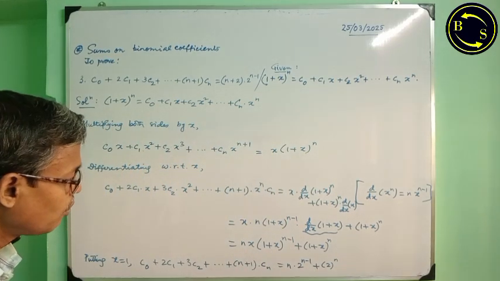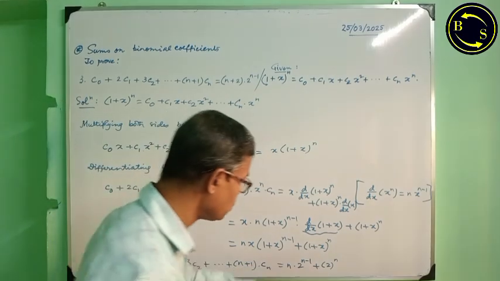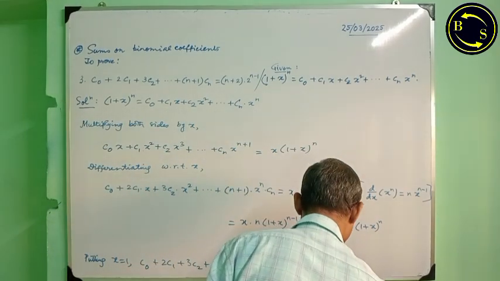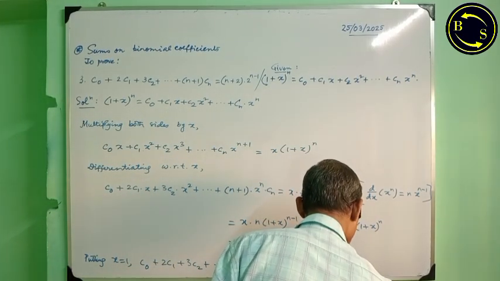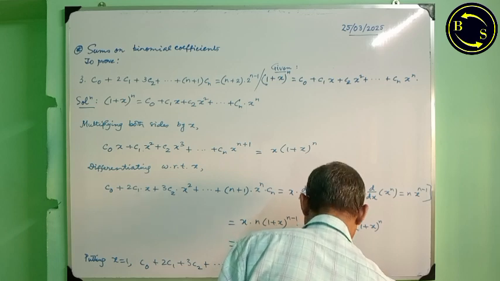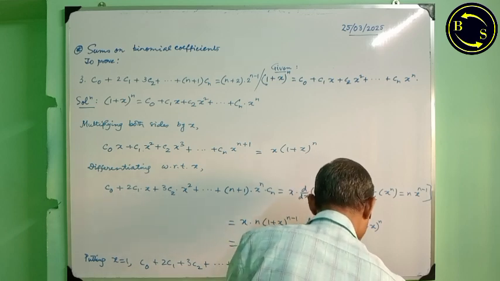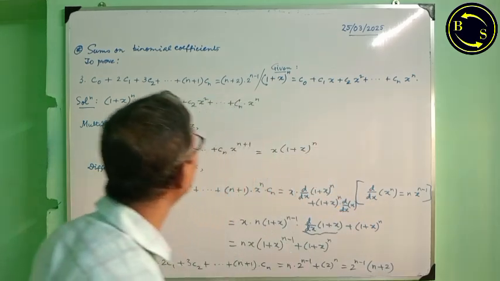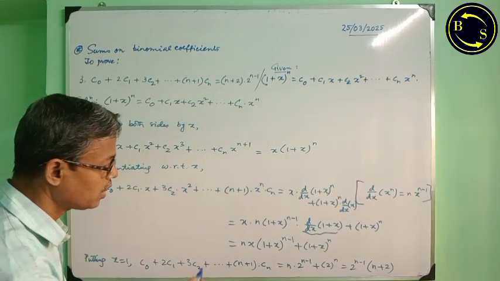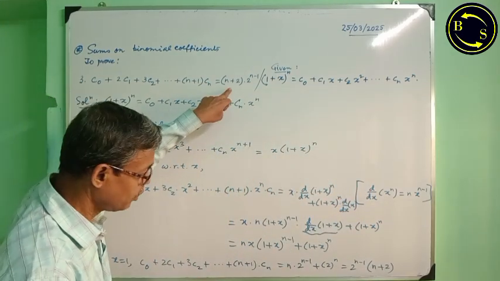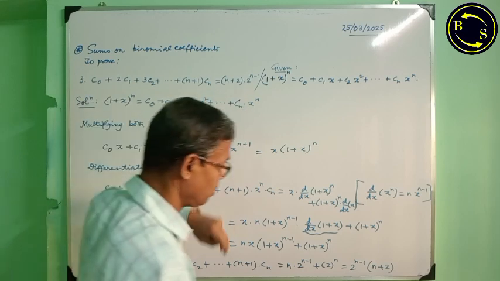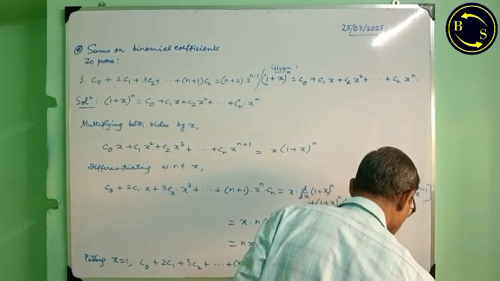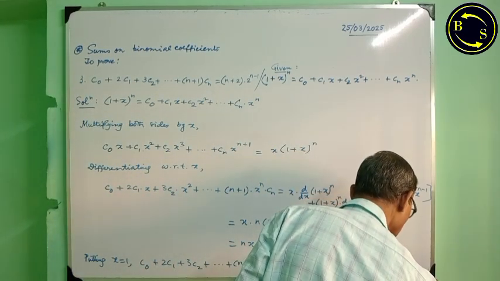Now 2 to the power n minus 1 is the common factor. Thus we get the right hand side (n plus 2) into 2 to the power n minus 1. Hence the sum is solved.